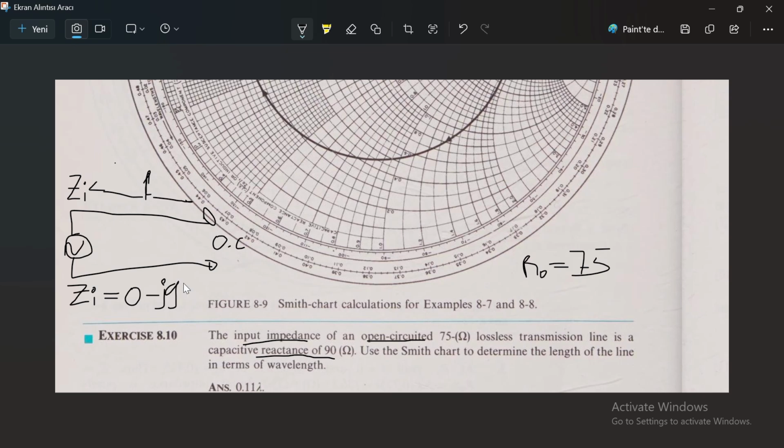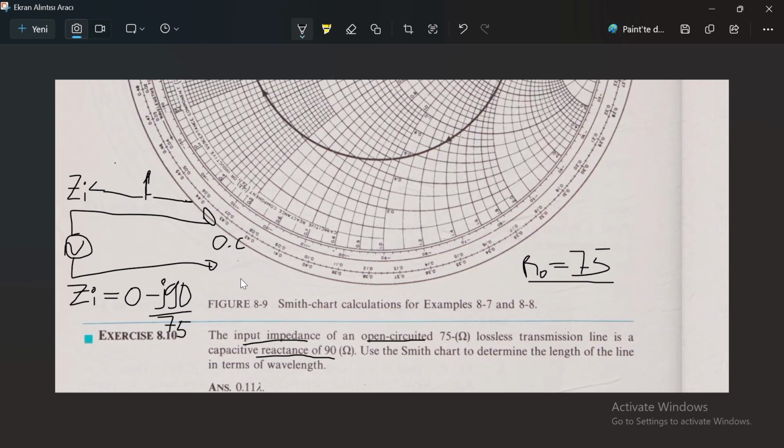We also need to find this point on the Smith chart, but we cannot find the value 90 on it. For that, we divide by R0, which is 75. I'm not using paper, so I can use the calculator. 90 divided by 75 is 1.2.